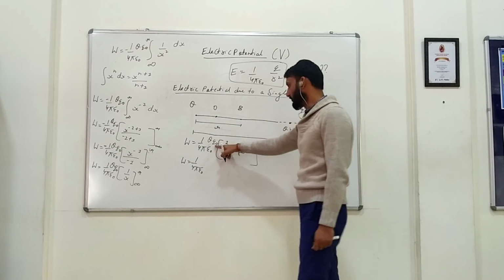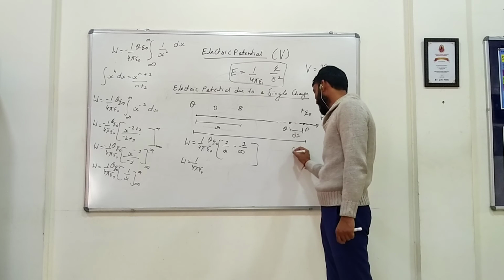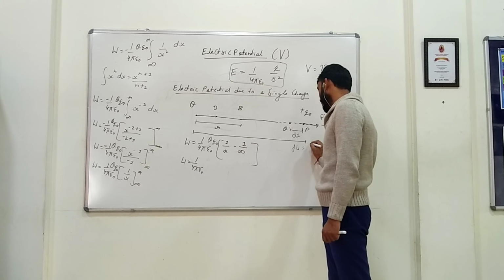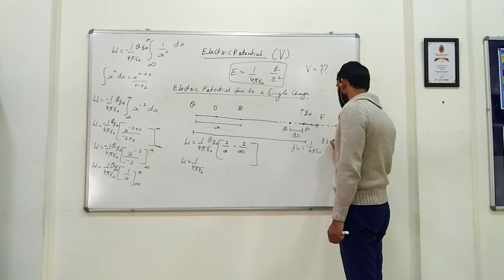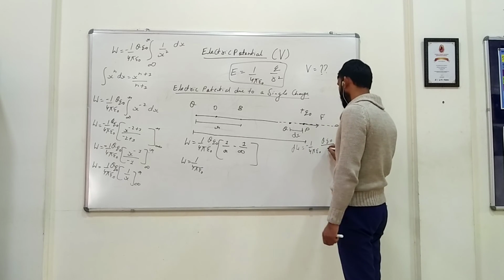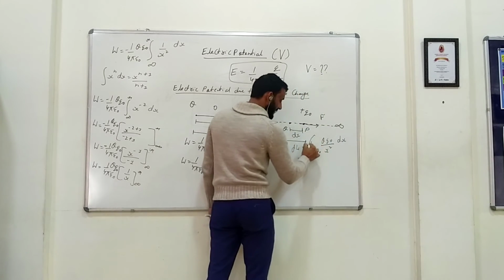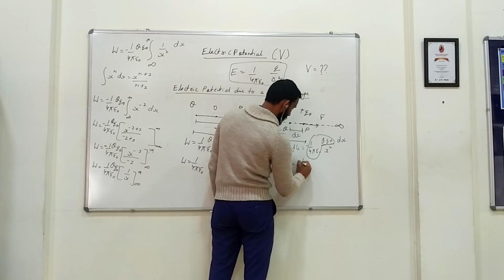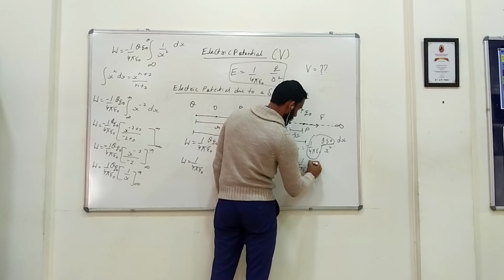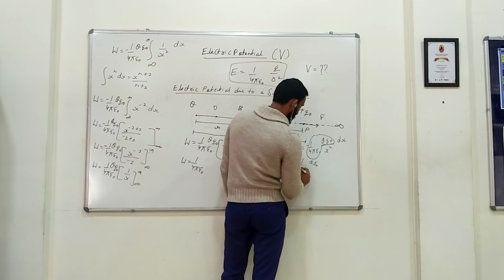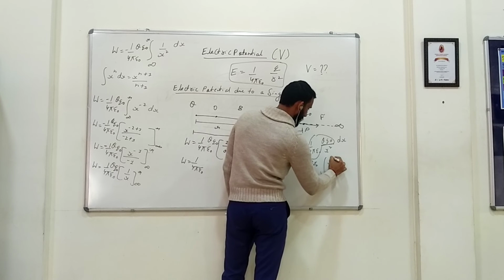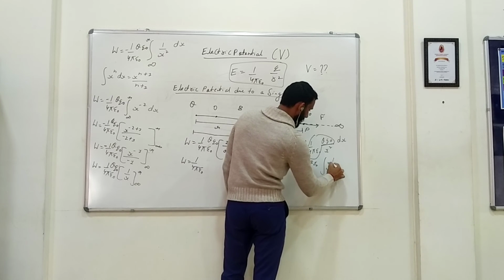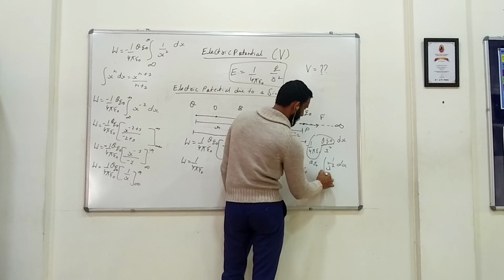If you see the previous step, it was like this. I will just do it again so that you can get a reference. Minus 1 upon 4 pi epsilon naught, Q Q naught upon x square dx. Then we took out this part as common. So when I integrated it, it was minus 1 upon 4 pi epsilon naught, Q Q naught, and then integration of 1 upon x square dx, infinity to r.